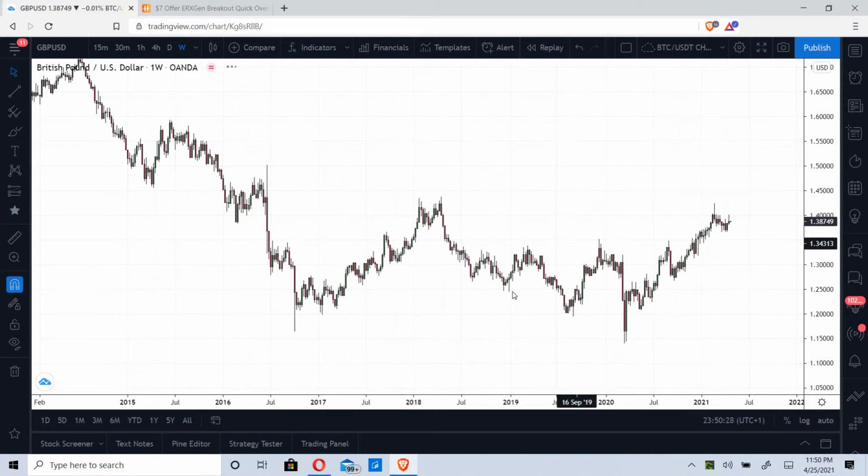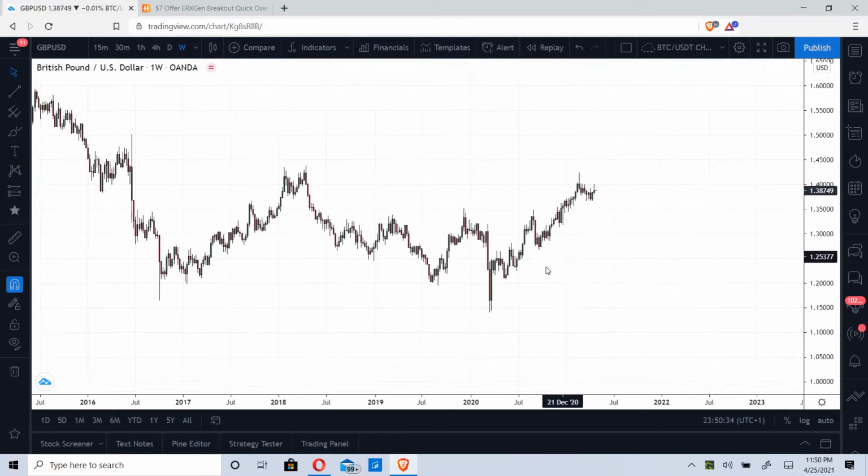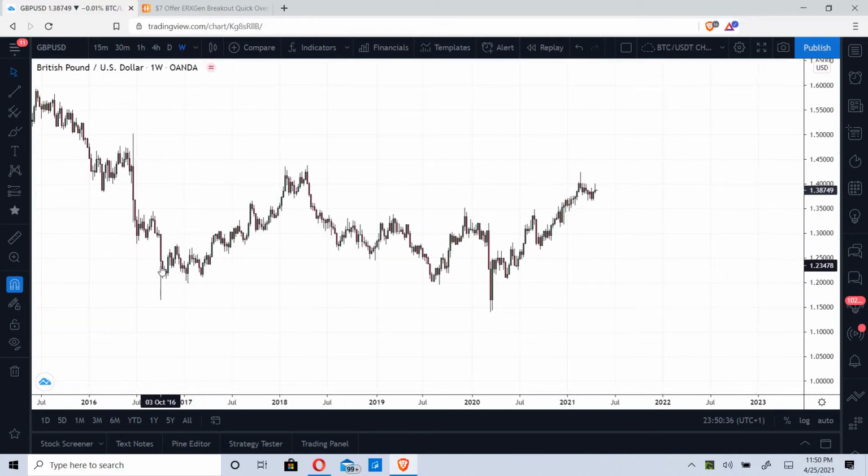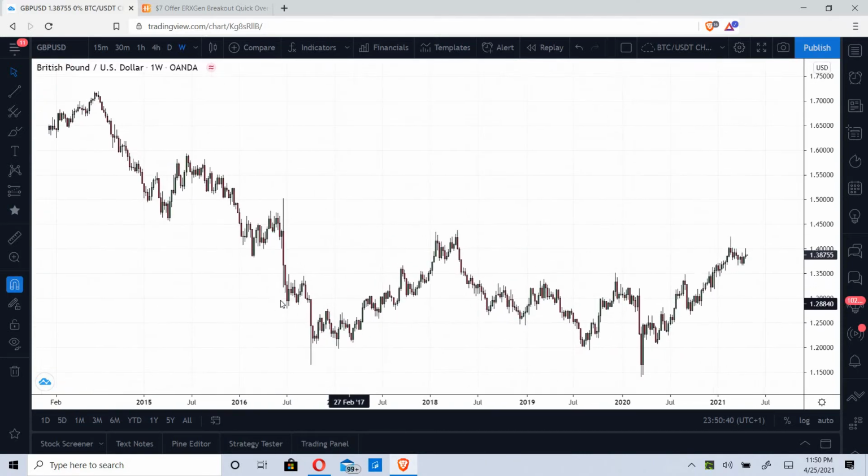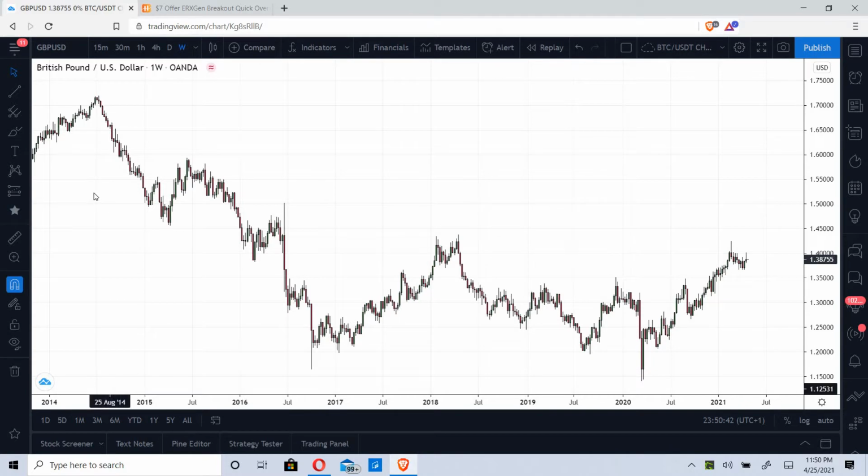Now we all know that what the market is doing in the weekly time frame is that it entered into a range. Initially, somewhere in 2014, it was trending down up to this point, 2016. Thereafter, it continued a bullish trend.